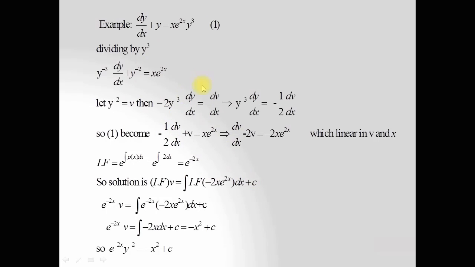So first of all, divide the given differential equation by the dependent variable term. We have a new differential equation, and then use a suitable substitution to convert it into a linear equation. In the linear equation, the dependent variable will be v if we use the supposition y^(-2) = v.